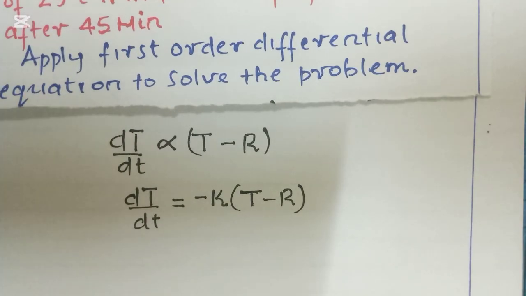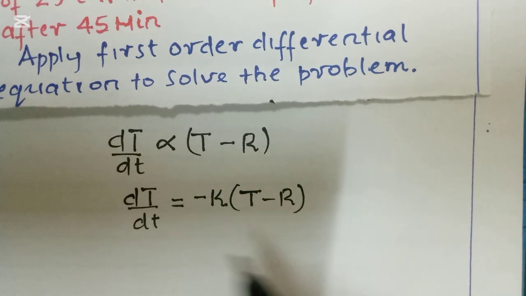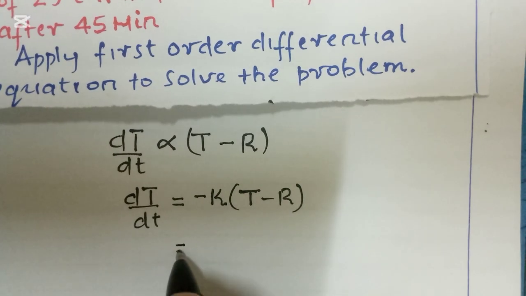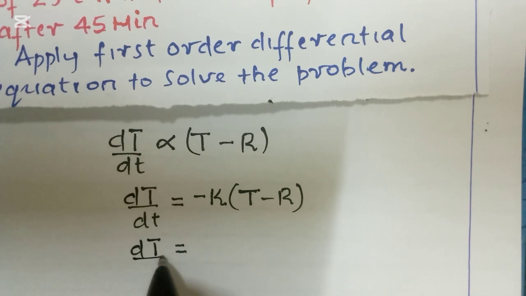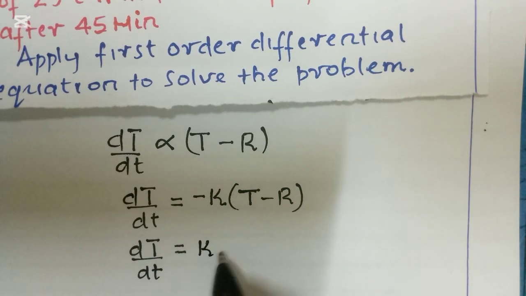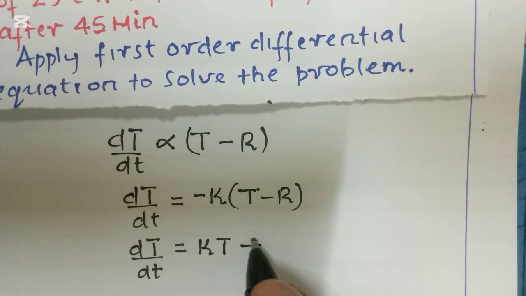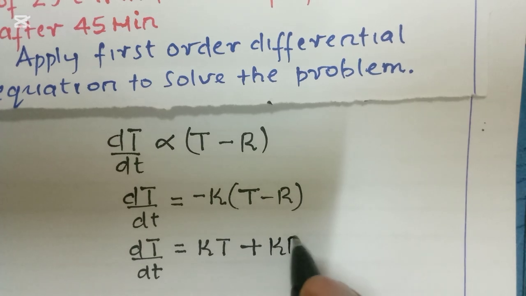So guys, let's now dive into the problem proper. I will put dT over dt equals negative kT, not minus, but plus kR, like that.